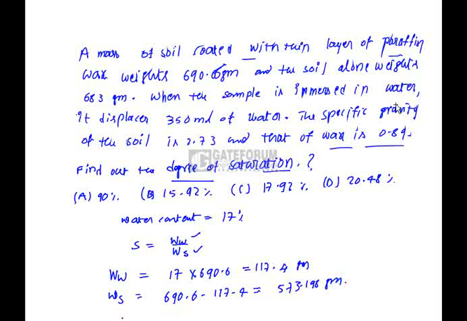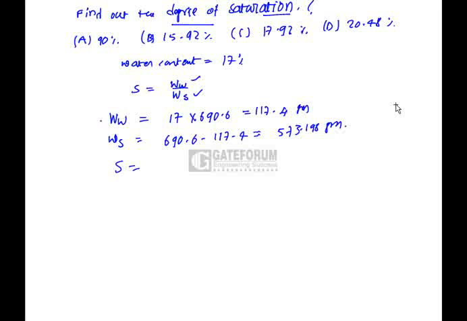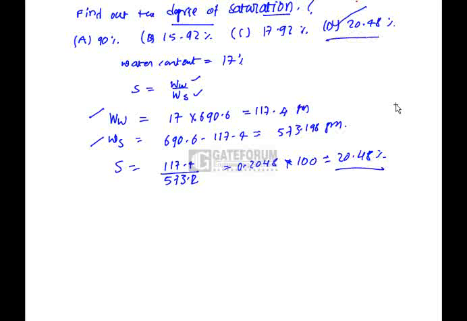So degree of saturation S is 117.4 divided by 573.1, that is 0.2048 into 100, which is 20.48 percent. So option D is correct.